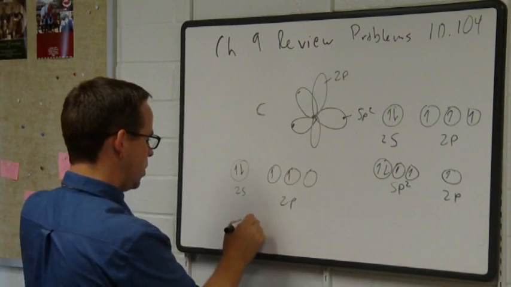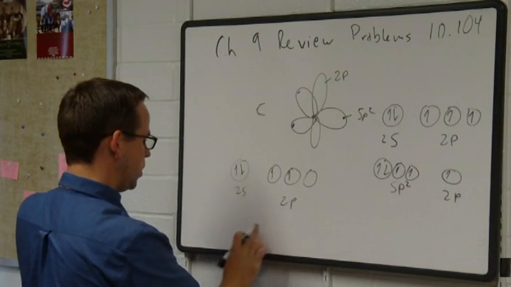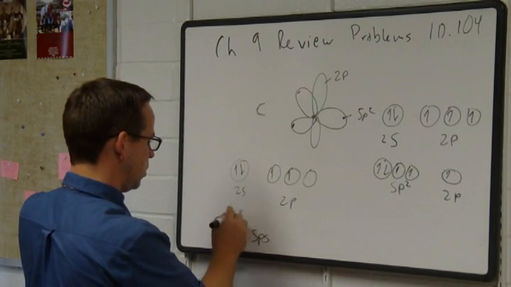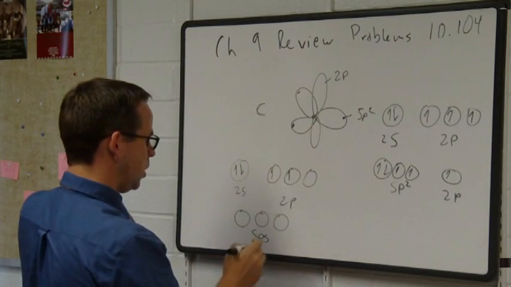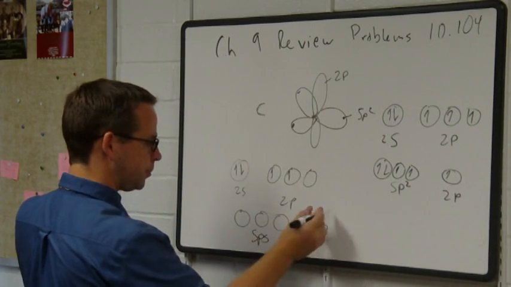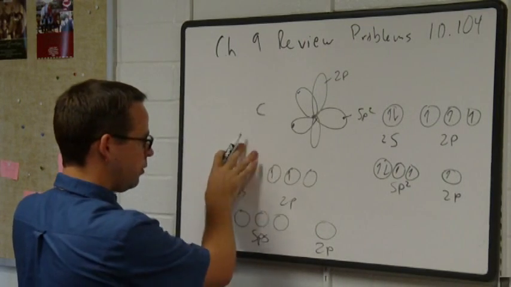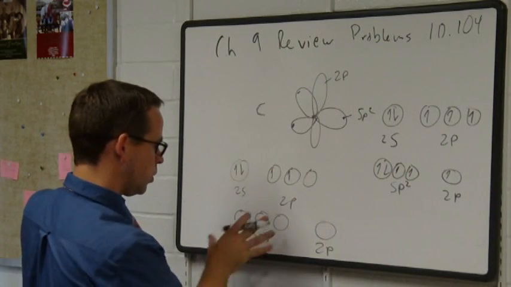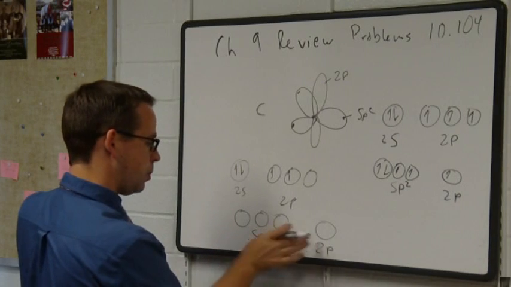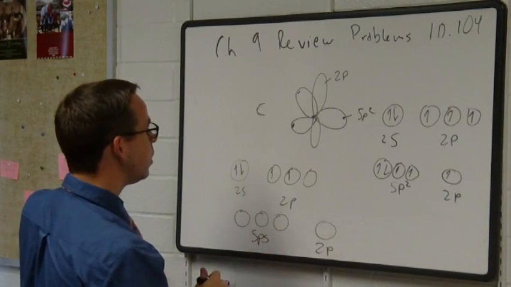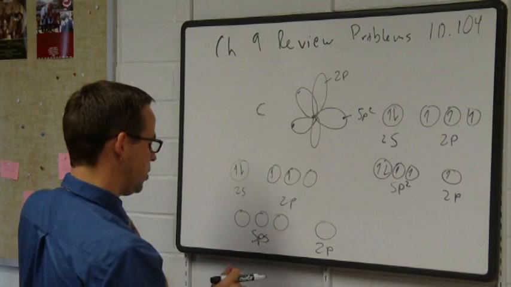And we're going to have sp3, move that down a little bit. And then we're going to be left over with a 2p. So we brought in 4 atomic orbitals. We make 4 orbitals. We have 3 of them that are hybrid, and one is its original atomic orbital, the 2p.